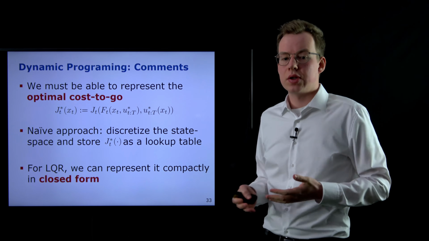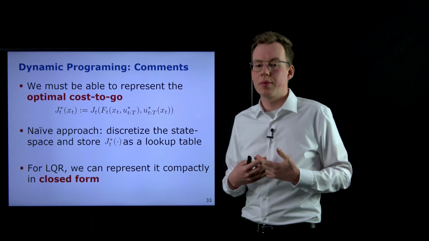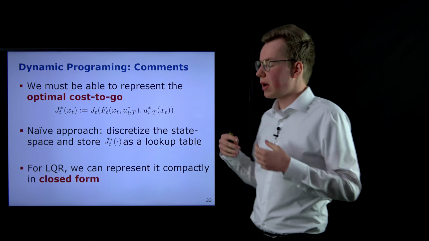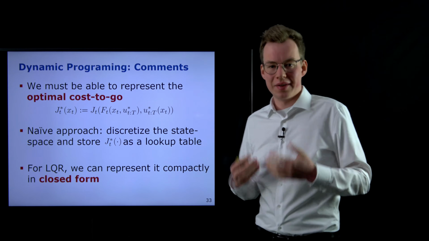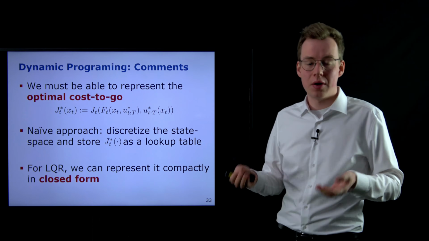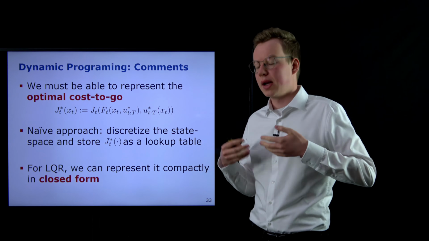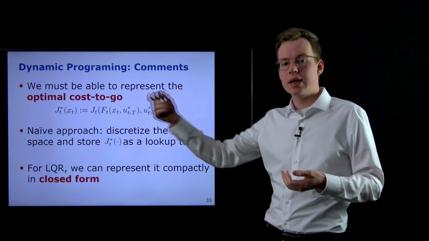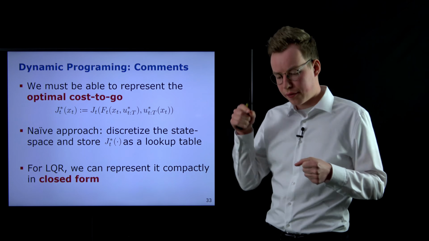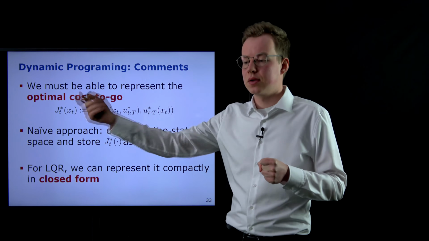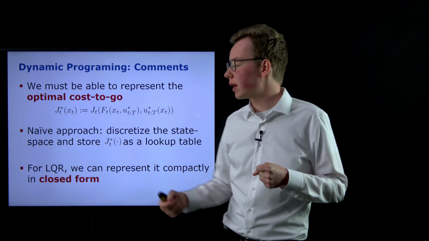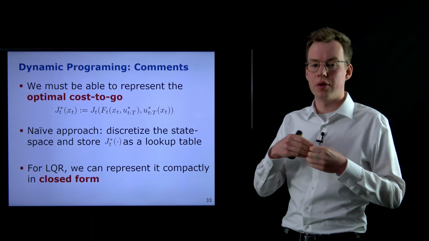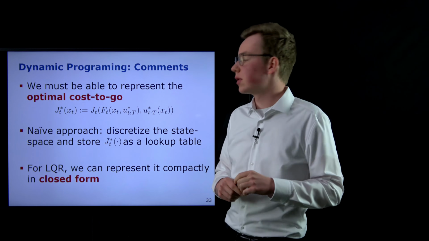Okay, and so just a few comments on this idea of dynamic programming. From this example, you may think this is a horrible idea, because instead of solving for a single initial condition to a specific goal, we now have to solve for all possible states that we could be at.